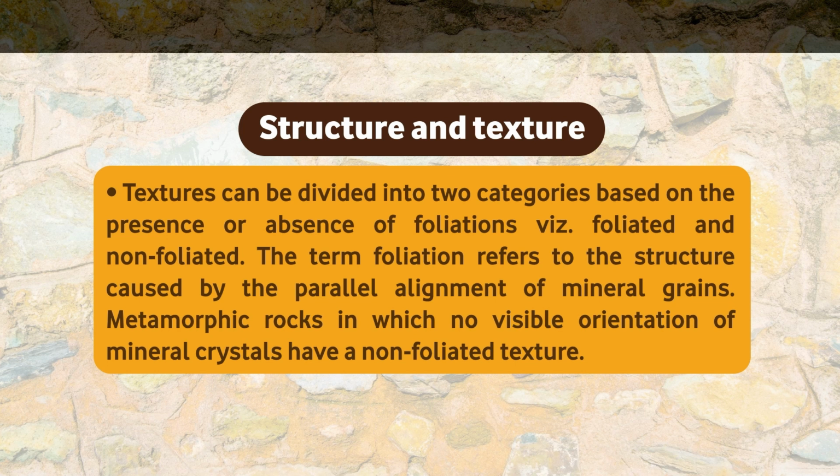Metamorphic rocks in which there is no visible orientation of mineral crystals are called non-foliated, exhibiting non-foliated textures. A common example of a foliated metamorphic rock is a schist, and likewise eclogite is a non-foliated metamorphic rock.